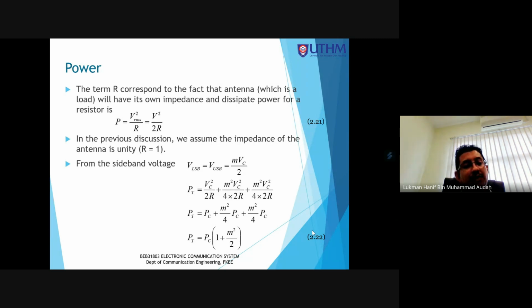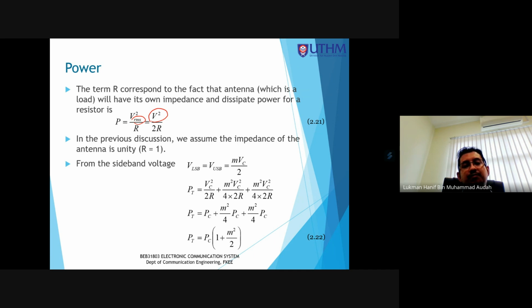This is very important. The power calculation: power is equal to V square over R, or V square over 2R. If you use the RMS voltage, we divide with R. If we use the peak voltage, we divide with 2R.